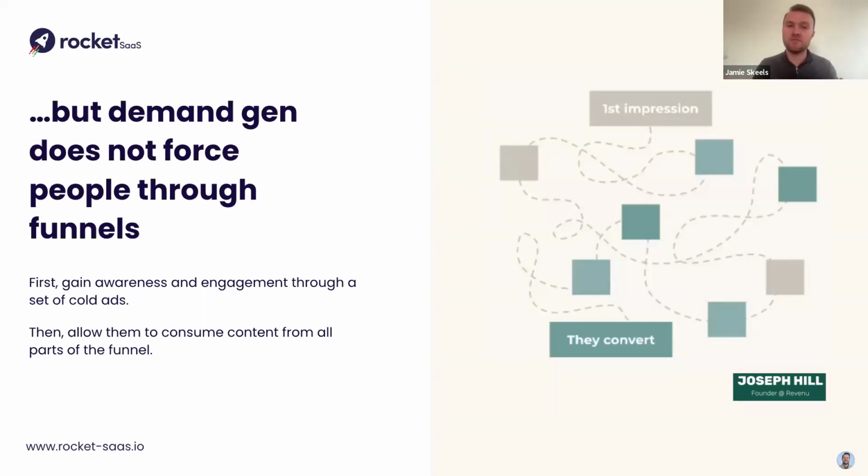We can educate them about the problems we solve. We can educate them about our value. And then when they're ready to buy, they'll come in market and we'll capture them with the demand capture activities that we mentioned earlier. Yeah, so capture people originally with a cold layer and then give them everything. Allow them to browse and see your content as much as they want, no matter where they are at the funnel, just coming in and out of the funnel.